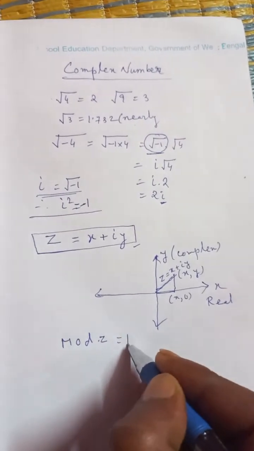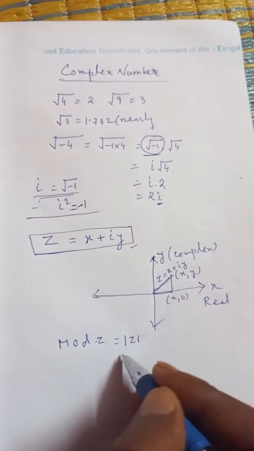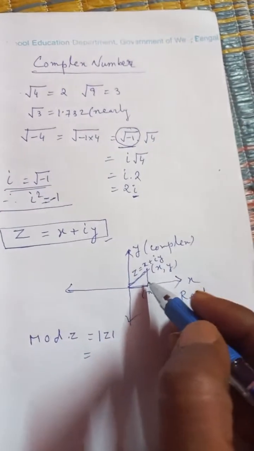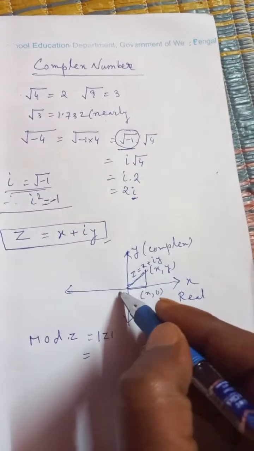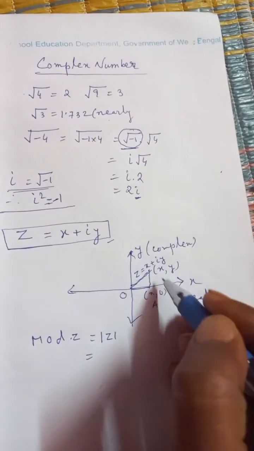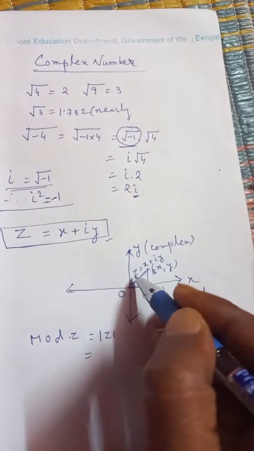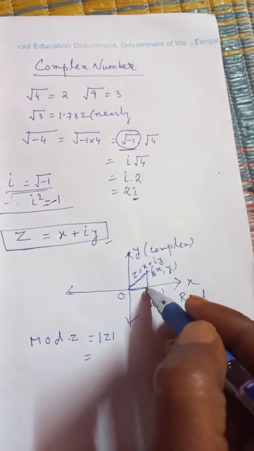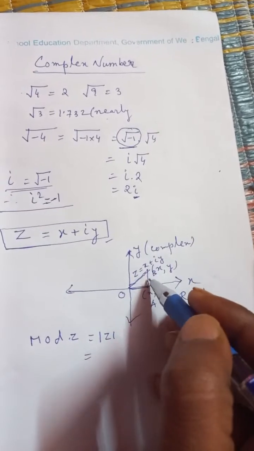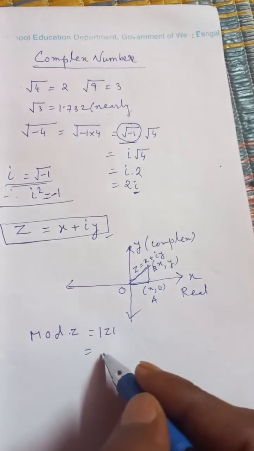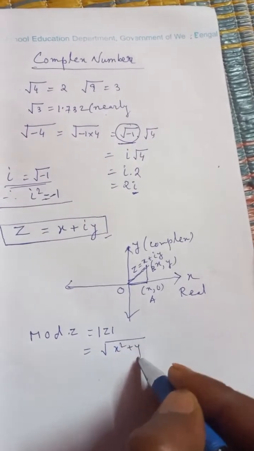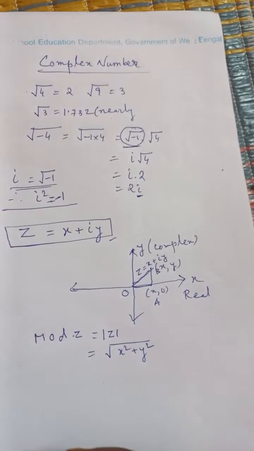If we look at this diagram, it is a right triangle. So mod z is actually the hypotenuse, the base is x and the height is y. So mod z is equal to root over x square plus y square, by the Pythagorean formula.